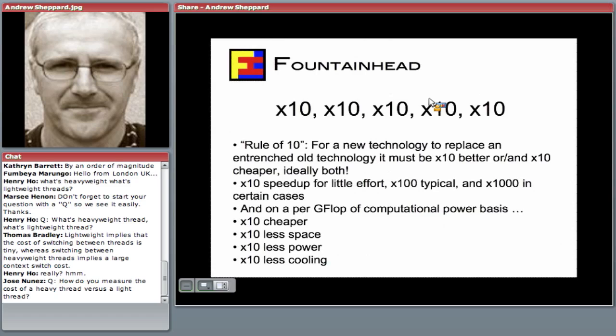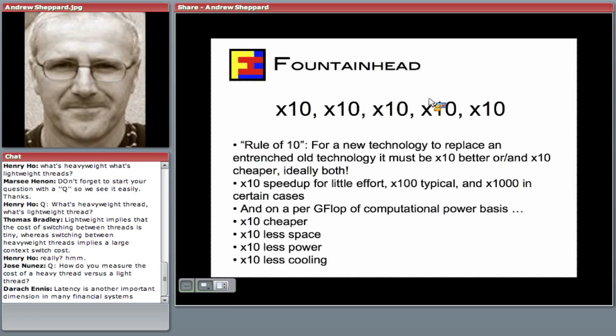I'd also point out that specifically for finance, the ×10 less space, the ×10 less power, and the ×10 less cooling are very critical pieces of the technology. If you have a data center in the City of London or in Manhattan, it's on prime real estate. It's usually in a building which has limited electrical power. You can't have all the power you want in the world, and you certainly cannot have all the cooling.